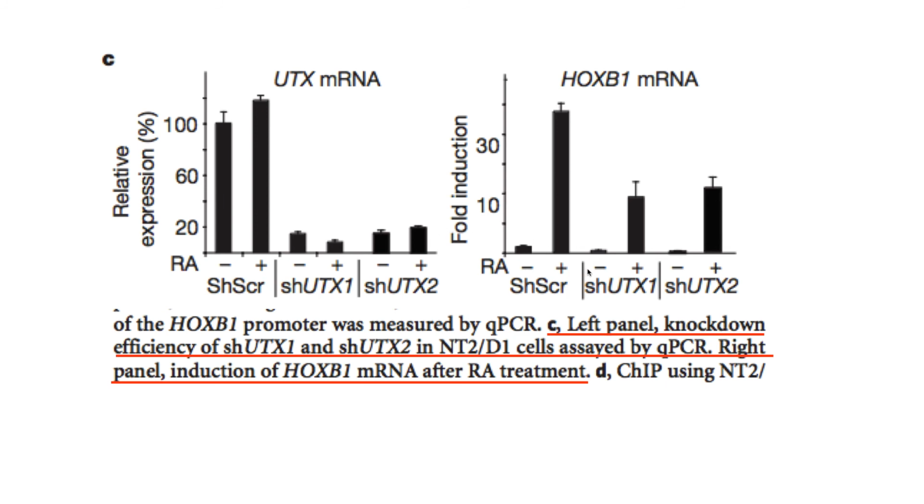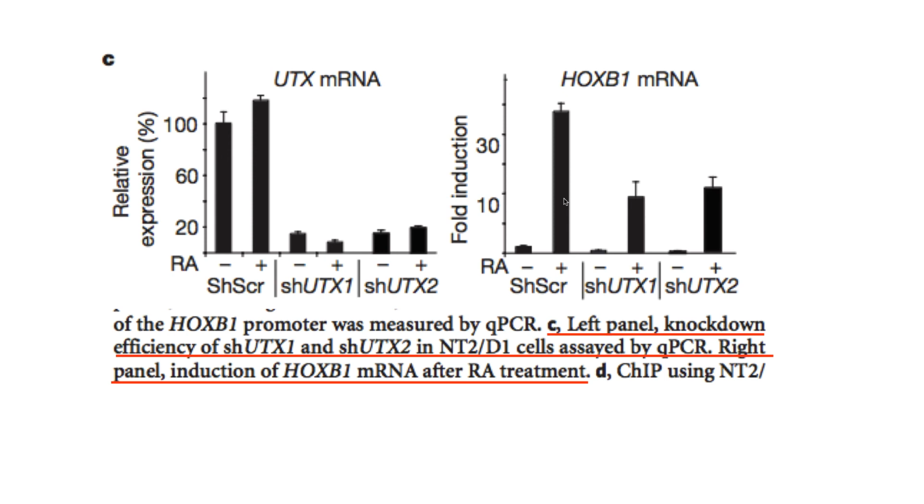Here's the experimental. And look at this. We're looking at now what effect does knocking down UTX messenger RNA have on HOXB1 expression. We want to look in the presence of retinoic acid because that's when we know we get normal HOXB1 expression that is induced by the presence of retinoic acid. So that's our positive control right there. Look at that. Wonderful.